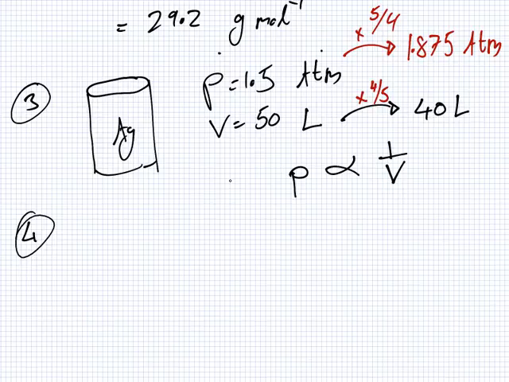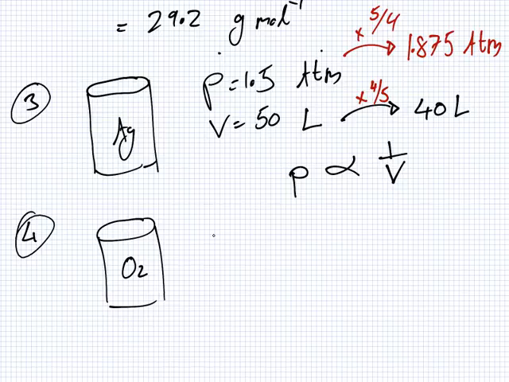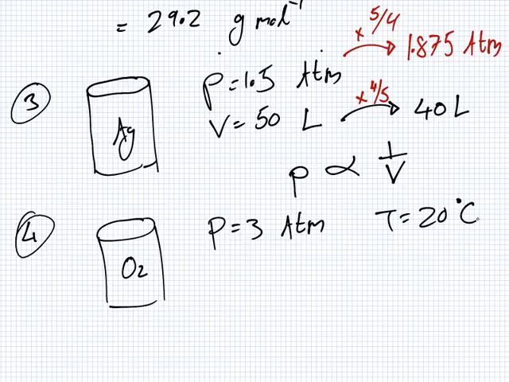A tank of oxygen is kept at a pressure of 3 atmosphere in a room at 20 degrees. If the tank has a volume of 100 liters, then how many atoms of oxygen are in the tank?